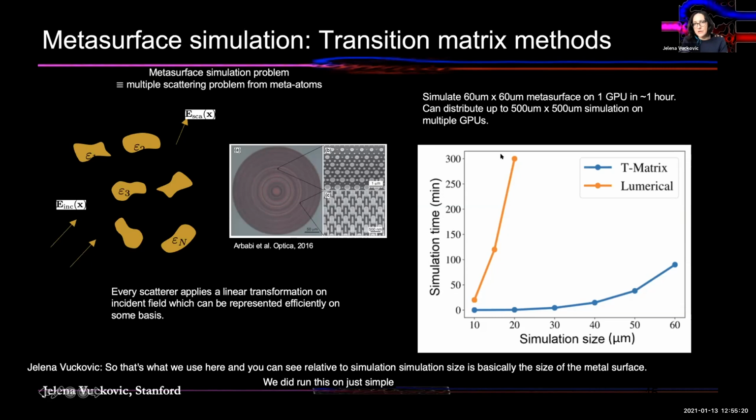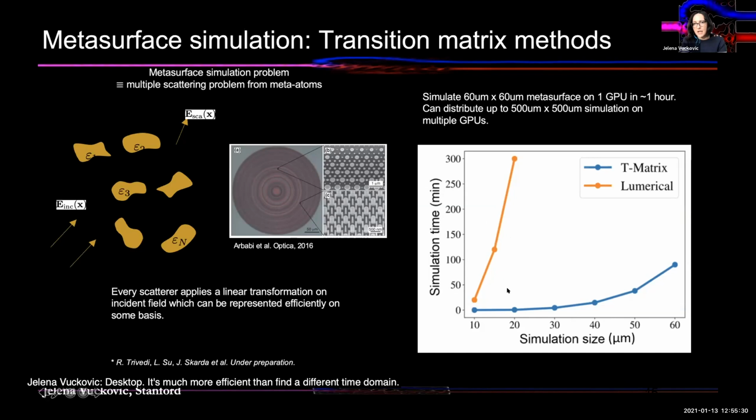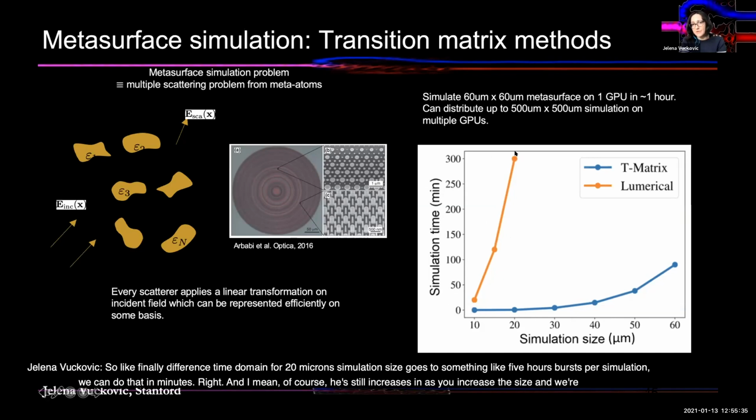So that's what we used here. Simulation size is basically the size of the metasurface. We ran this on just a simple desktop. It's much more efficient than finite difference time domain. Finite difference time domain for a 20 micron simulation size goes to something like 5 hours per simulation. We can do that in minutes.